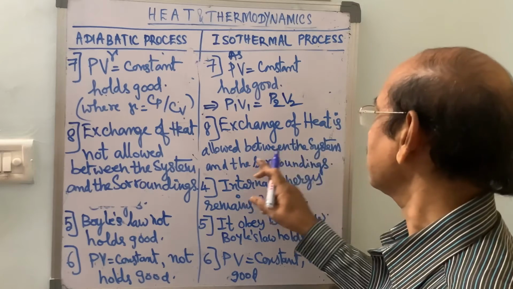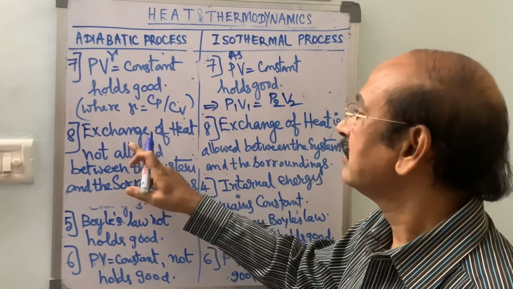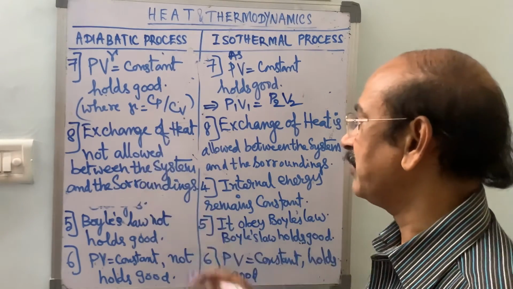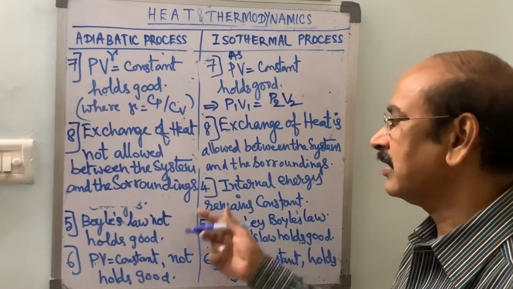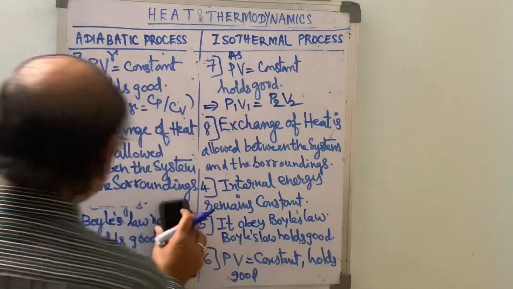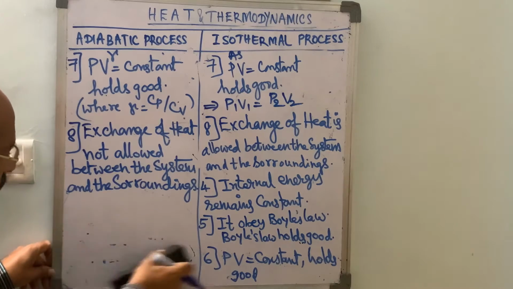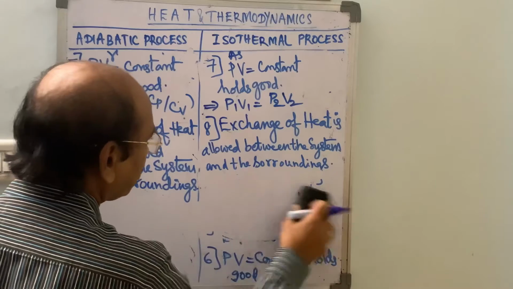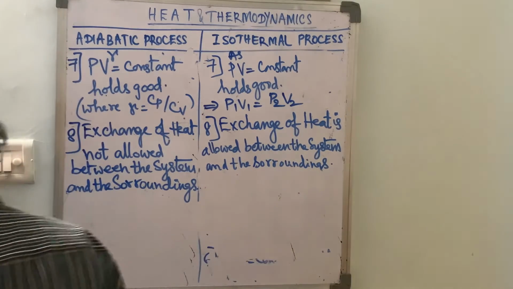So exchange of heat is allowed between the system and the surroundings in isothermal system, but in the case of adiabatic process, exchange of heat is not allowed because the system is enclosed in a non-conducting vessel. So these are the differences between the isothermal process and adiabatic process.